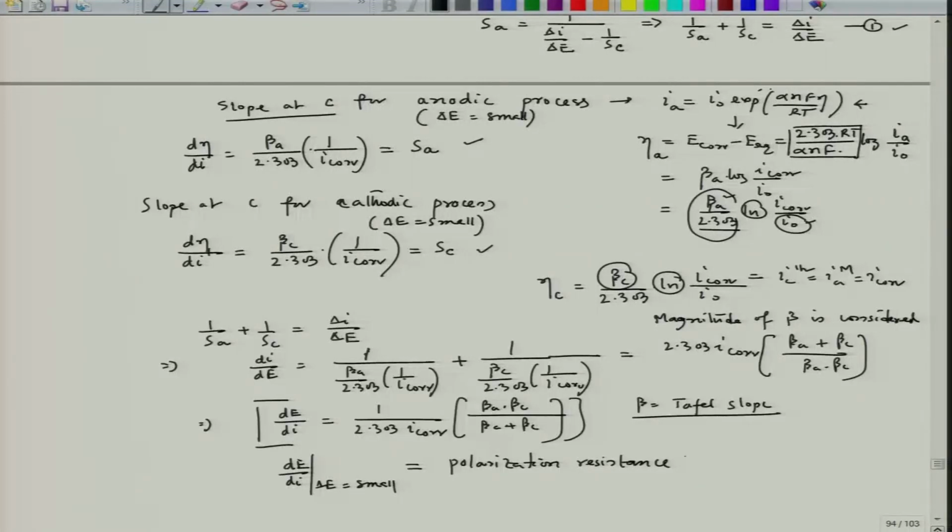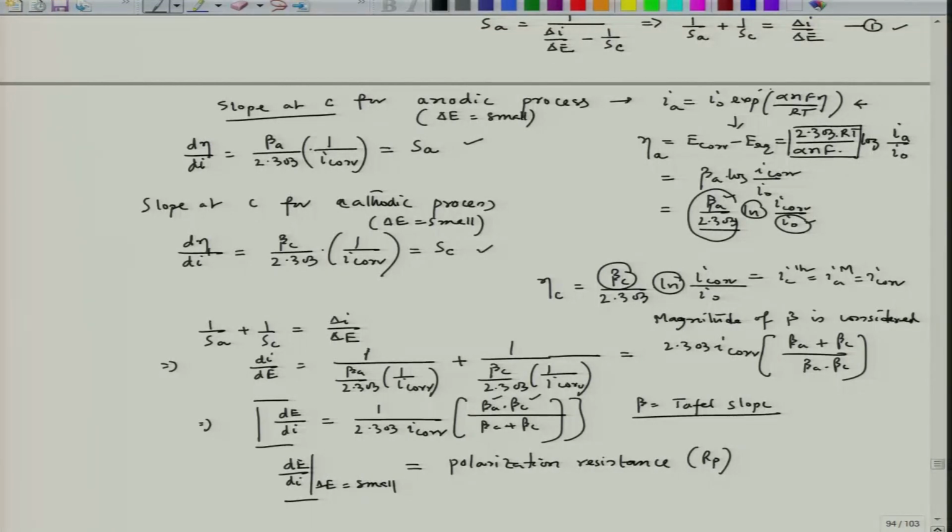resistance or R_p. And interestingly, if we know β_A and β_C, then we can find out the corrosion current density. But even if we do not know this β_A and β_C, by doing a small experiment of fluctuating the polarization within plus minus 20 millivolt, we can get the slope for that particular linear line, and that slope gives me the polarization resistance.